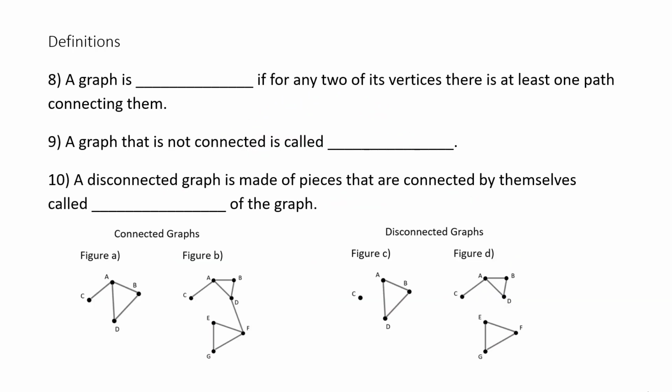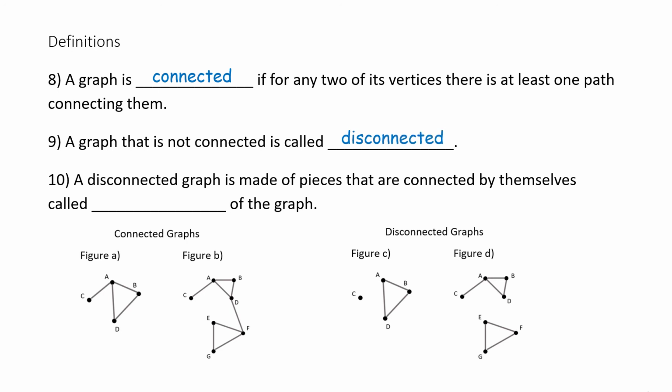More definitions. A graph is said to be connected if for any two of its vertices there is at least one path connecting them. A graph that is not connected is called disconnected. Definition 10.